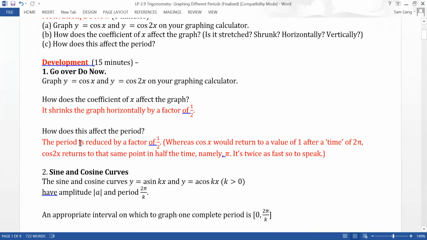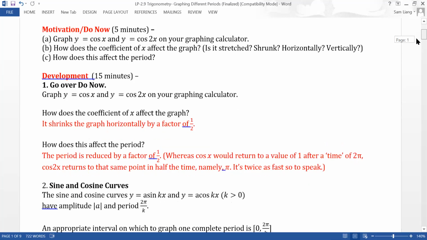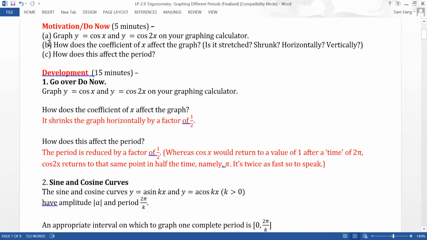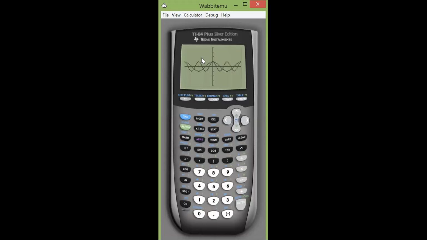Okay, so if you need these answers, please pause the video here. And then also share the calculator, okay? All right, so you have those answers. Here's the calculator. Here's what it looks like.